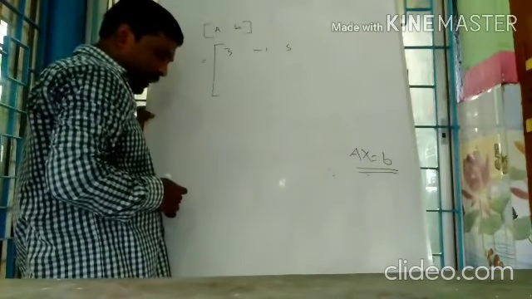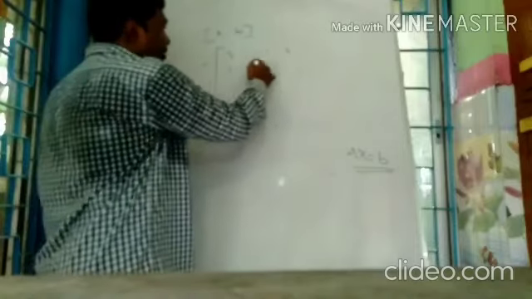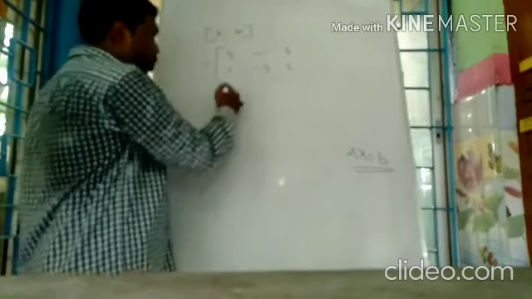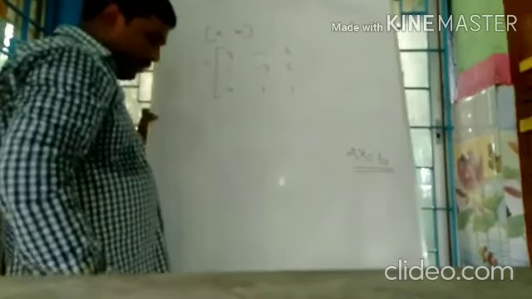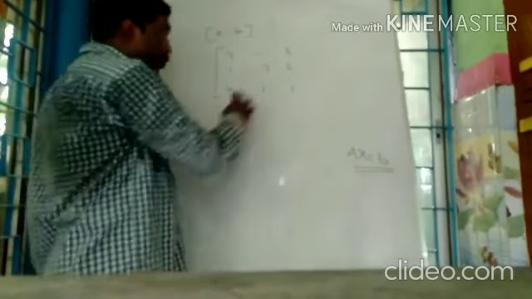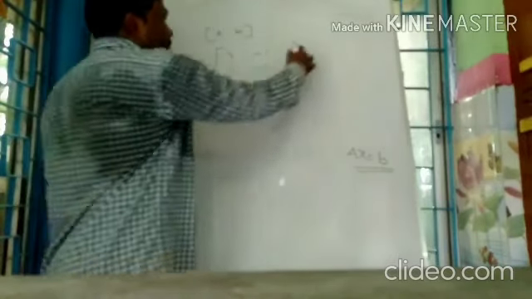Second row 1, minus 3, 2. Then 4, 1, 1. This is the matrix A.